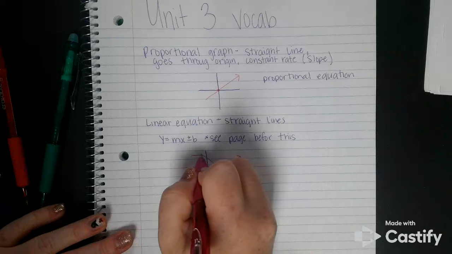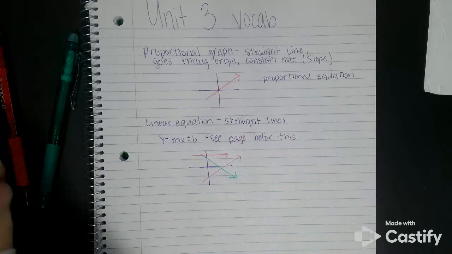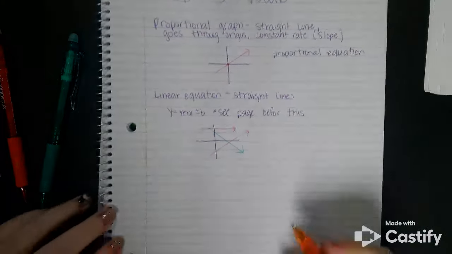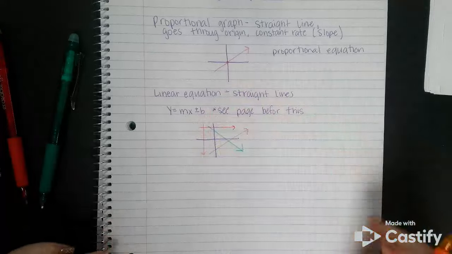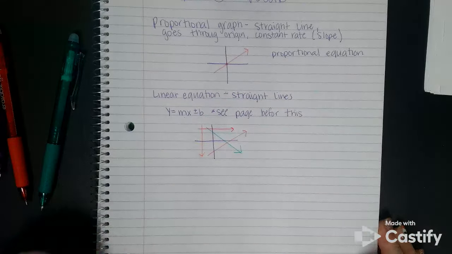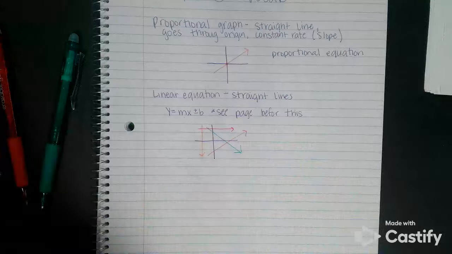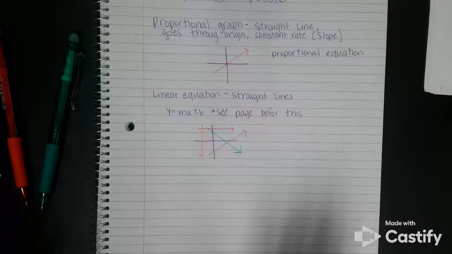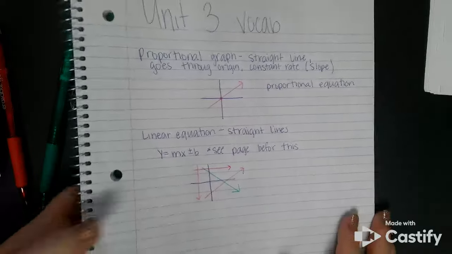It can be this. And this one might be harder to see because it's orange, but we'll see. Can be that. These two almost look the same. This one's orange and that's red. That's it for your notes for new vocab. Maybe pause to make sure you have it all.